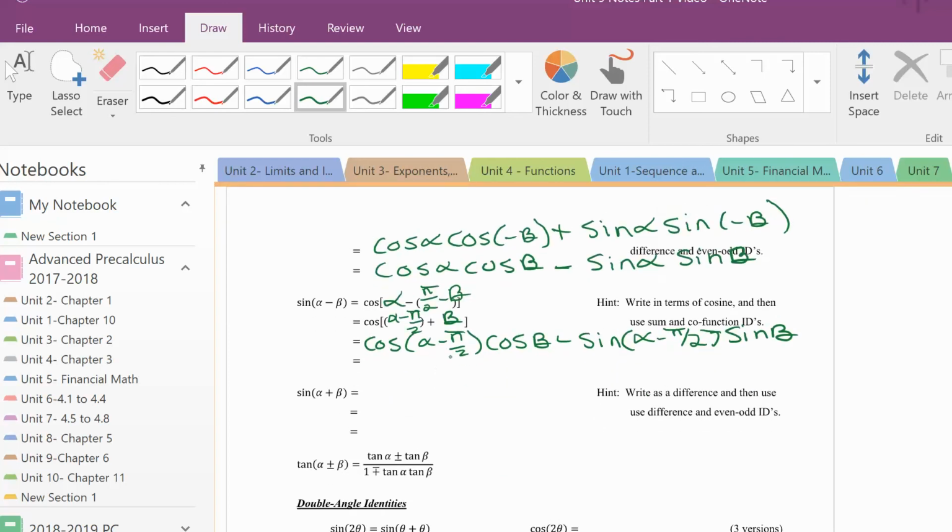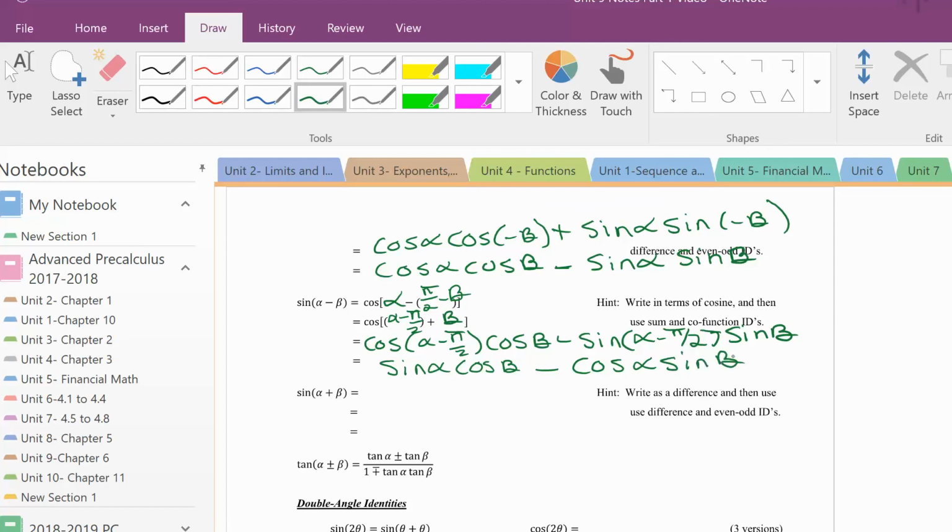And notice cosine of alpha minus pi over 2 is sine alpha. So you have sine alpha cosine beta minus, and this would be cosine alpha sine beta.